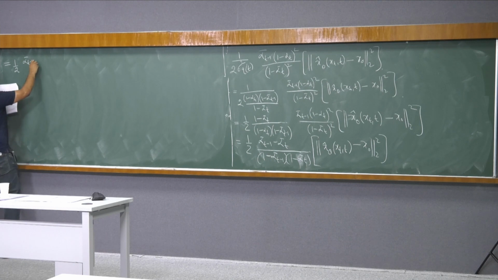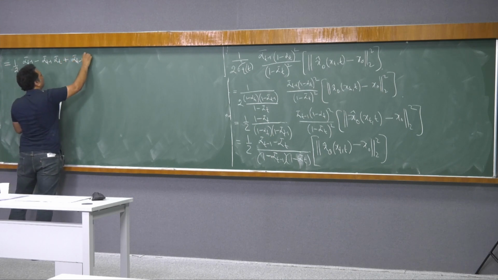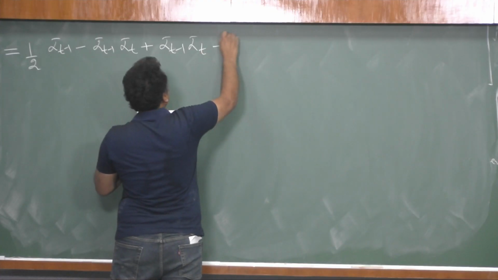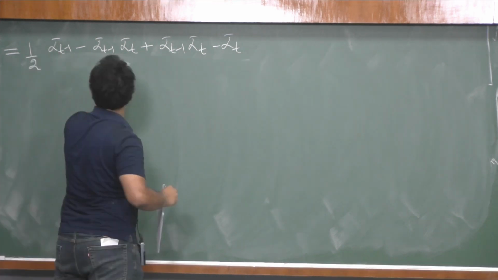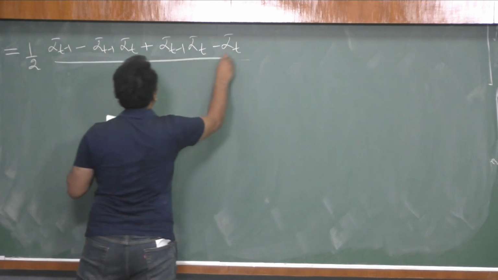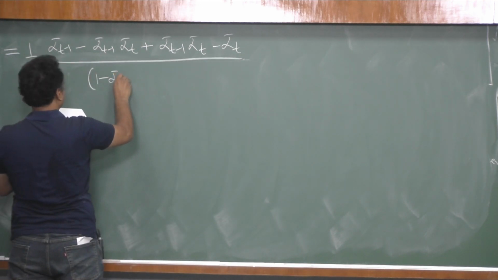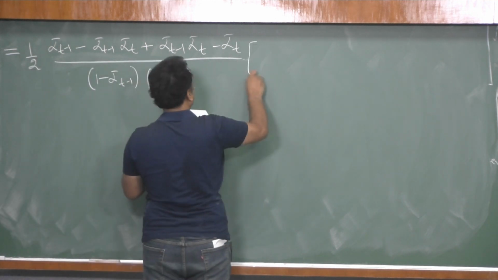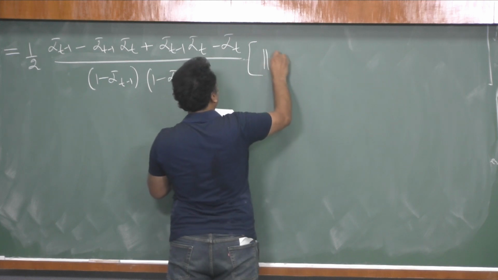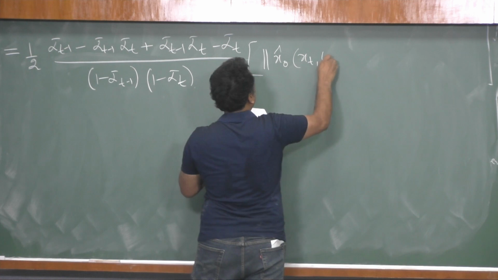So we will subtract and add alpha bar t minus 1 alpha bar t, plus alpha bar t minus 1 alpha bar t, and then minus alpha bar t, and all this is divided by 1 minus alpha bar t minus 1 minus alpha bar t, and here we have x hat theta of xt, t.